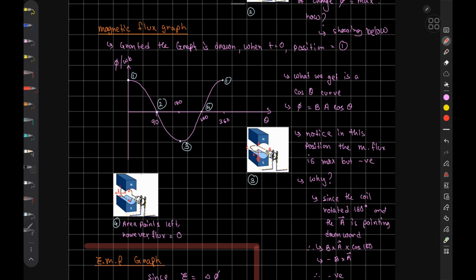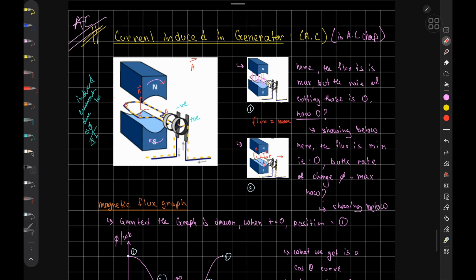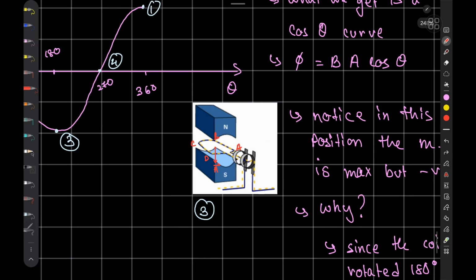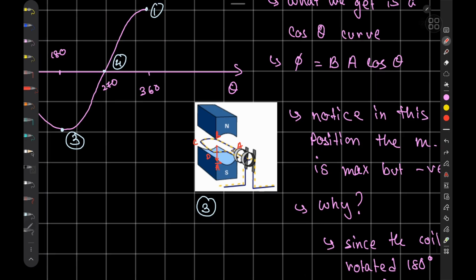You can consider any side of the plane to be the normal, and you can consider that to be the positive flux. Doesn't matter. The change in flux is what ultimately matters, but I have just denoted upwards, when BA is on this side and CD is on this side, as the positive maximum flux. And then when it completely turns 180 degrees, BA is on that side, and I now consider the flux to be negative.